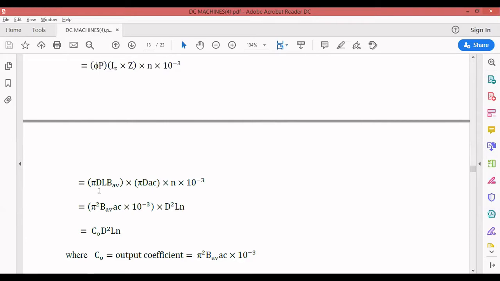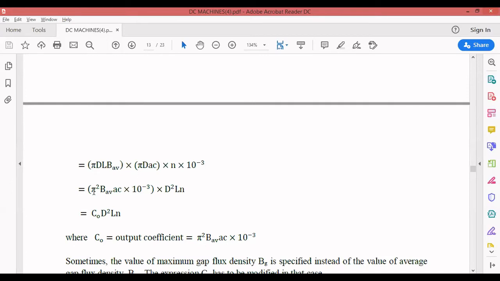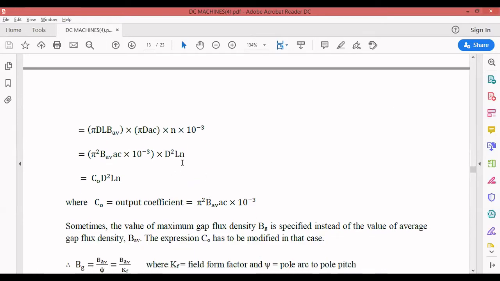To substitute here: πDL into Bav into πD into ac into N into 10 power minus 3. Just multiply here: π square Bav ac into 10 power minus 3 into D square LN. This entire term is called C0, the output coefficient, given by the formula π square Bav ac into 10 power minus 3.